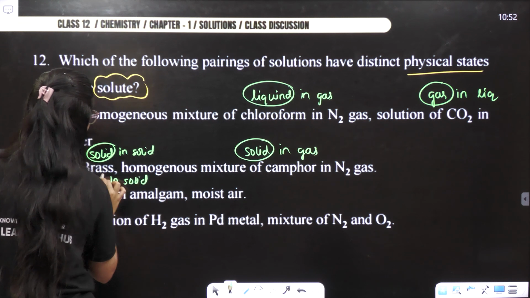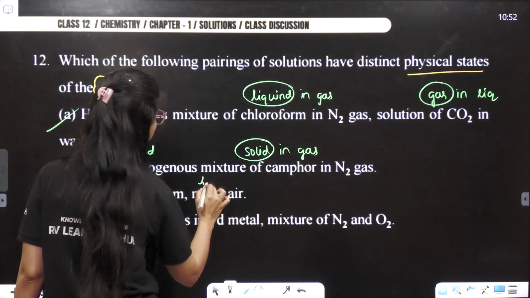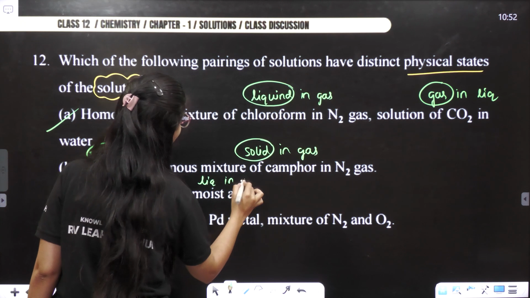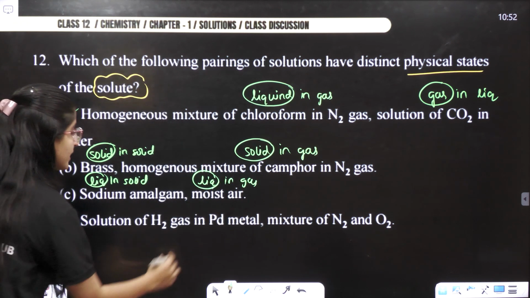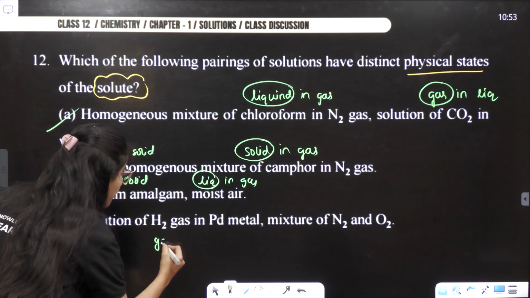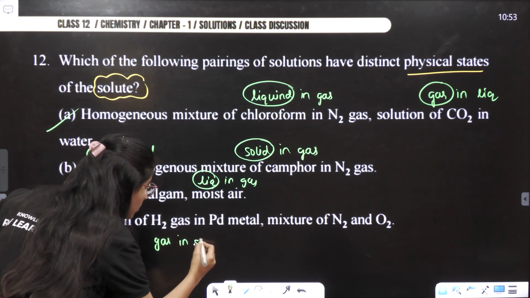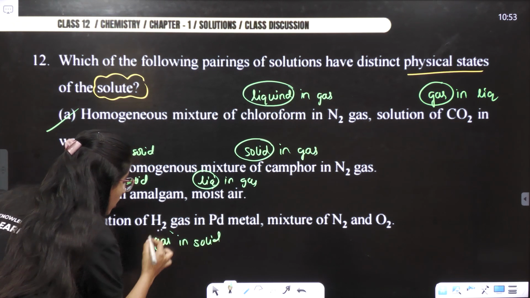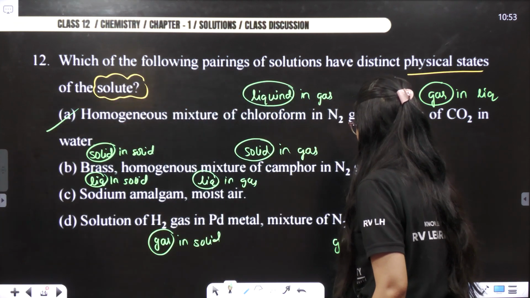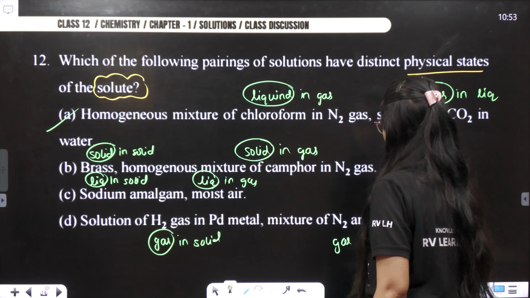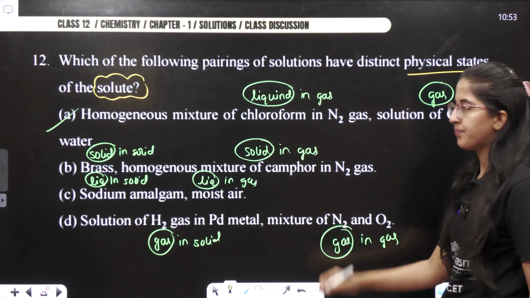So here solute is liquid, and the other is an example of liquid in gas. So solute is again liquid. Solution of hydrogen gas in palladium. So it is an example of gas in solid. So here the solute is gas. And mixture of N2 and O2, that is an example of gas in gas. So solute is again gas.